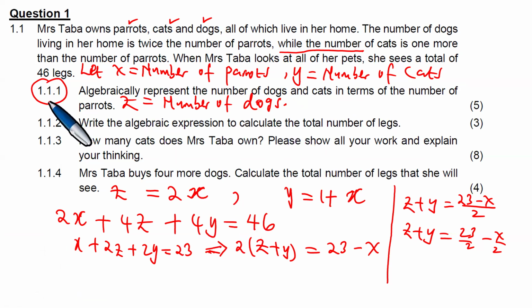For the answer to 1.1.1, the examiner would prefer a separate answer. We're going to say the number of the dogs: you could write Z equals 2X. The examiner would expect that because Z is the number of the dogs in terms of the number of the parrots, X. And also here you have the number of the cats, which is Y, which is X plus 1 in terms of the number of the parrots.